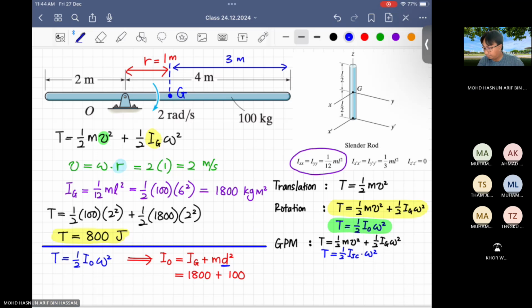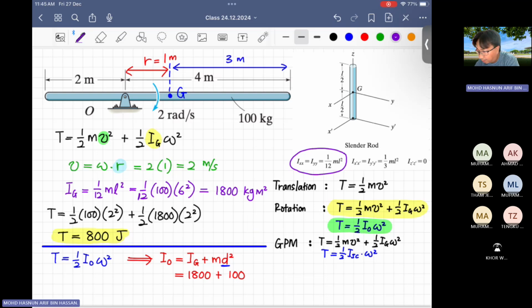Hmm. 1 over 12. Oh, okay. This is 1 over 12, not 1 over 2 here. IG is 1 over 12, sorry. So that should be 100 times 6 square and then divided by 12. 300, sorry.